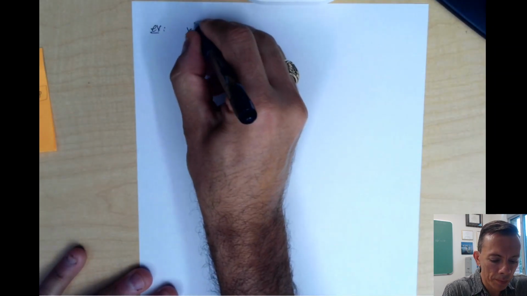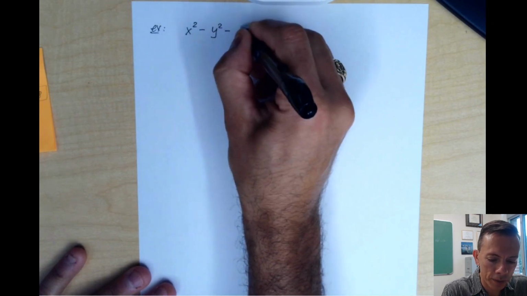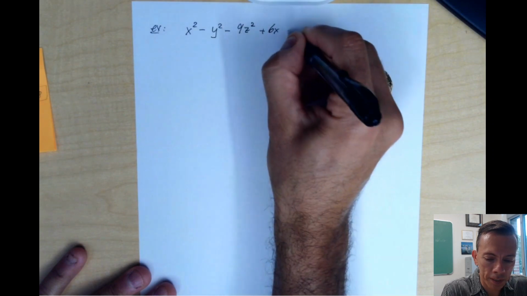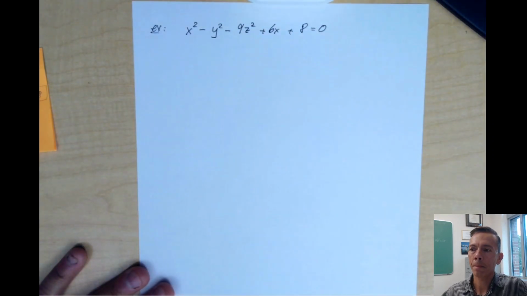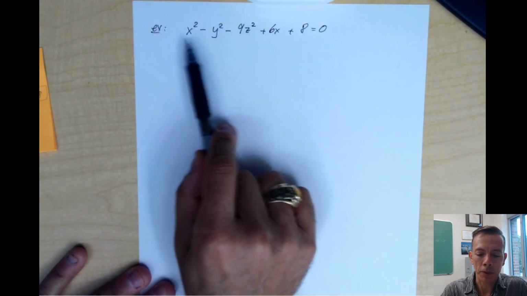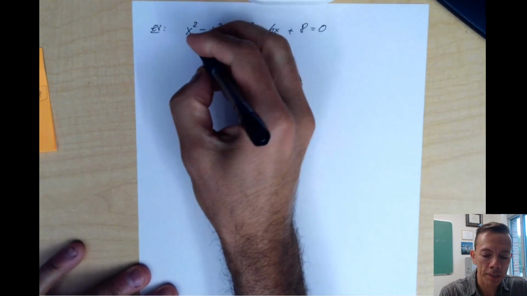Okay, last example here. x squared minus y squared minus 9z squared plus 6x plus 8 equals 0. Here you observe that the x variable appears twice, which means we have to complete the square to get only quadratic terms.